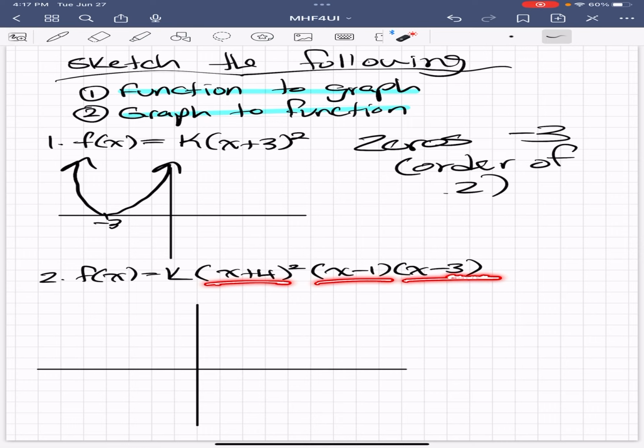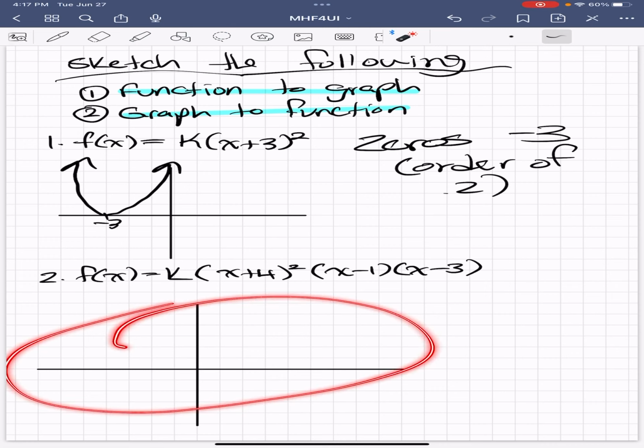Quartic function bouncing off the x-axis in a quadratic shape at -4, the zero, and will pass through 1 and 3, making a W shape, or a normal quartic function shape. Order of 2 means it bounces off the x-axis in a quadratic shape, just like shown here. It's a simple quadratic shape shifted 3 spaces to the left. For here, it's a quartic function, so it's going to look like a W.